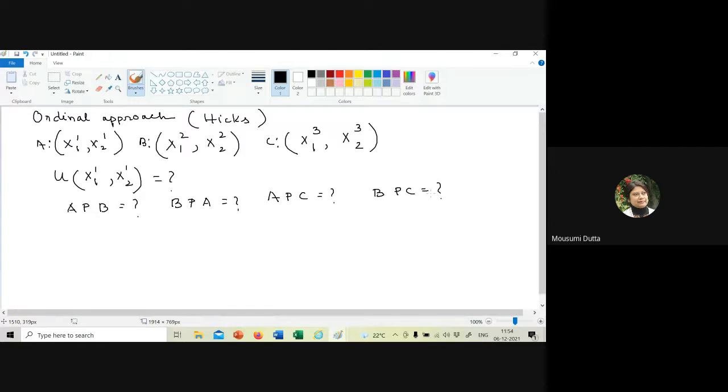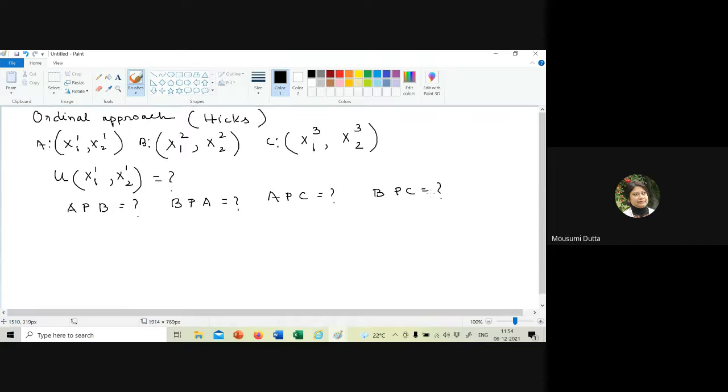He tried to say that given baskets or different combinations of commodities, the consumer will be able to identify which will satisfy him or her more compared to the other. So it is not possible to say how much satisfaction I am getting out of this.